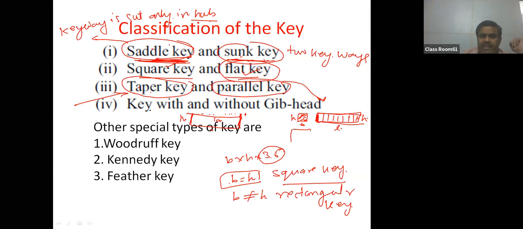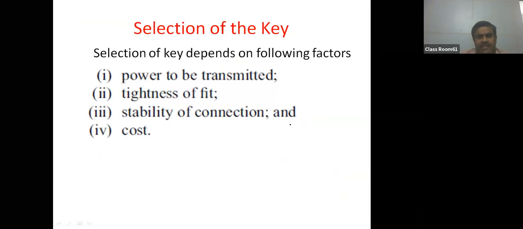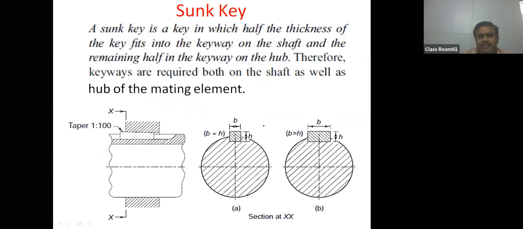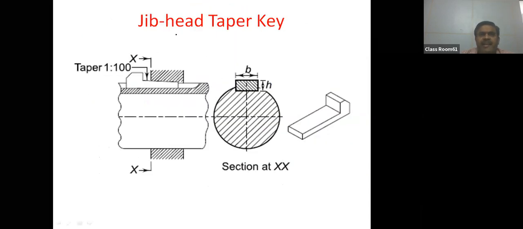The third one is key with and without jib head. We can explain this with a diagram also. Saddle key, sunk key. This is again a sunk key. Jib head taper key. So this is the jib head portion. This is the key, and on the left side there is some raised structure, that is the jib head.